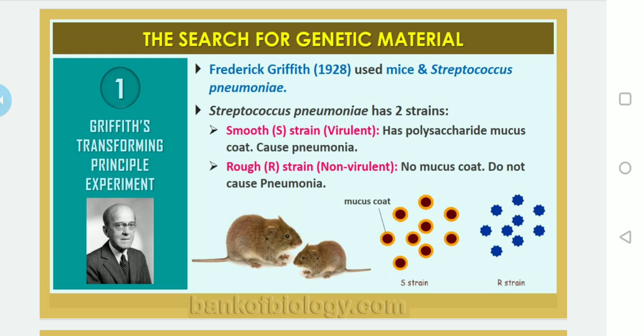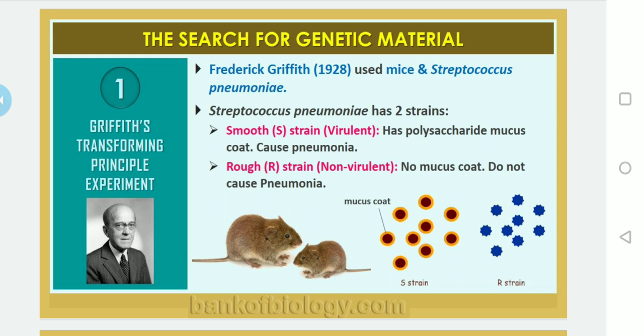So this is called transformation. I will repeat once again: transformation is a kind of sexual reproduction in bacteria where genetic material of donor bacteria transfers into recipient bacteria without physical contact.